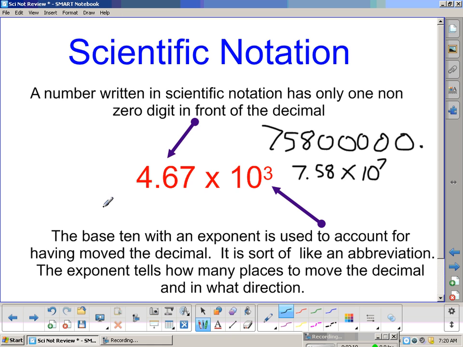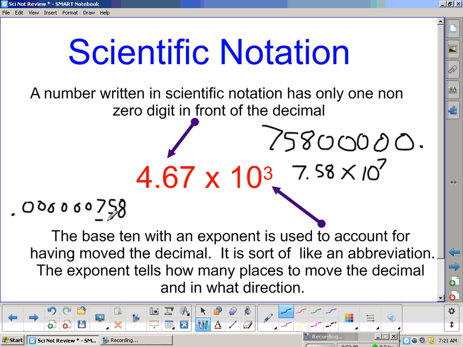And you could do the same thing if you have a really small number. Put that in over here. Got a whole bunch of zeros in front. We'll do the same 758. But this number is smaller than 1, isn't it? So when we move our decimal, we're going to move it to the right until we have a non-zero number in front of the decimal.